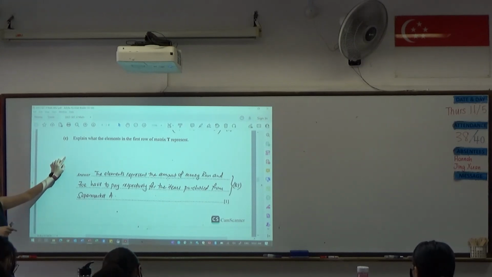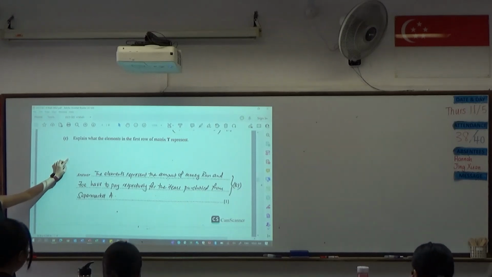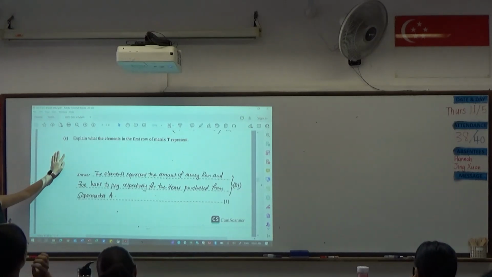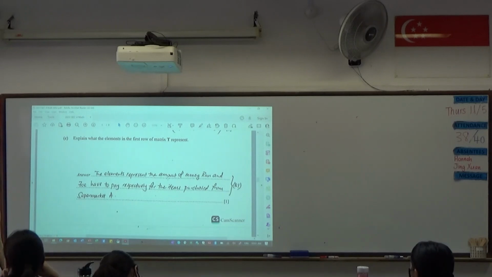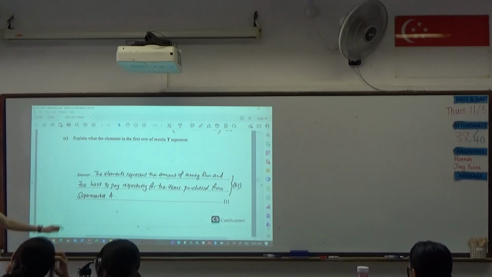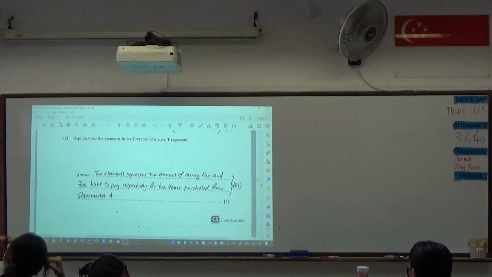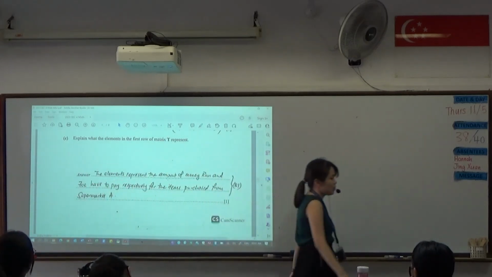You can look at your 2022 paper. They have a similar question, and they did mention that people who did not follow this instruction were penalized for it. So this was not accepted if you elaborated on more of the elements.